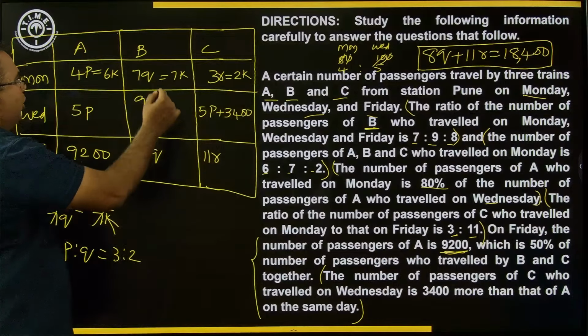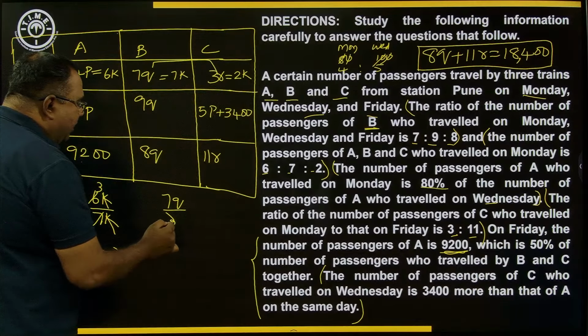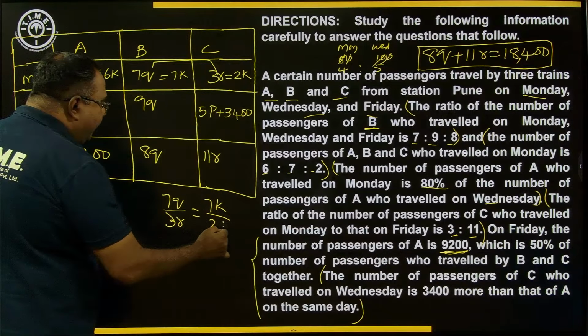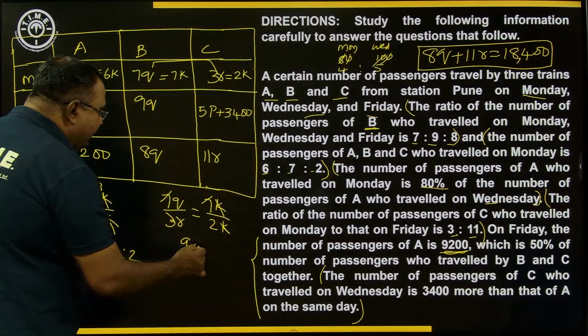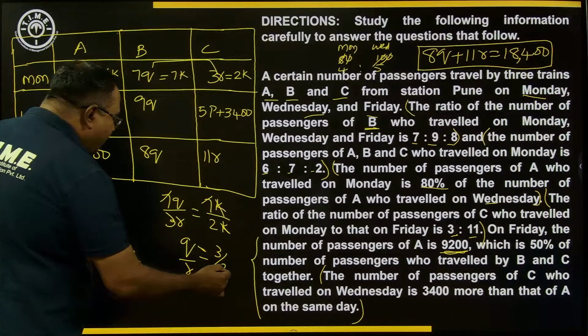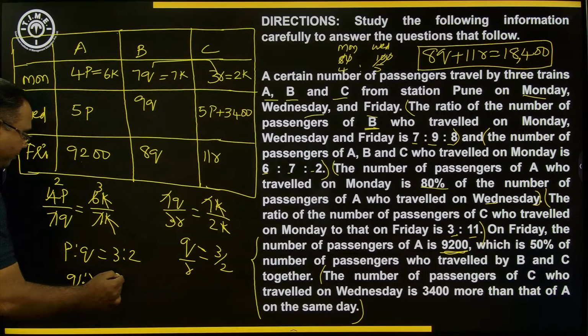Okay. Let me take Q and R. 7Q upon 3R is equal to 7K upon 2K. K will be nullified, 7 will be cancelled. Q upon R is equal to 3 upon 2. Or we know Q is to R is 3:2.